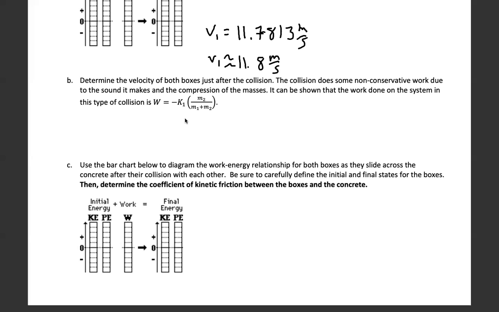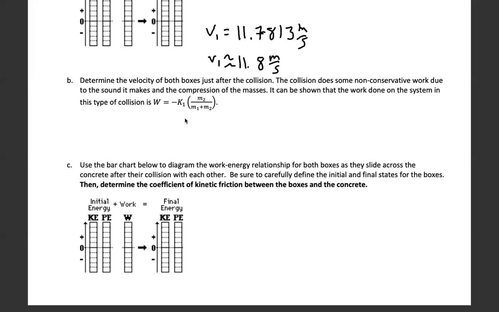If M2 is really big, if that was a huge giant thing, it would really slow down M1. So if it was really big, it might take all the energy out. And if M2 is really small, then it's not going to do any work. And same thing, if M1 was really large, then it would just sort of roll right past M2.